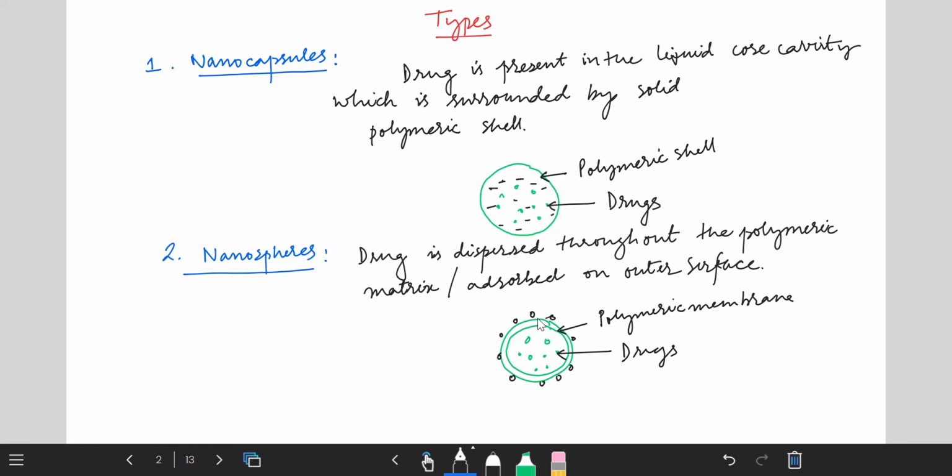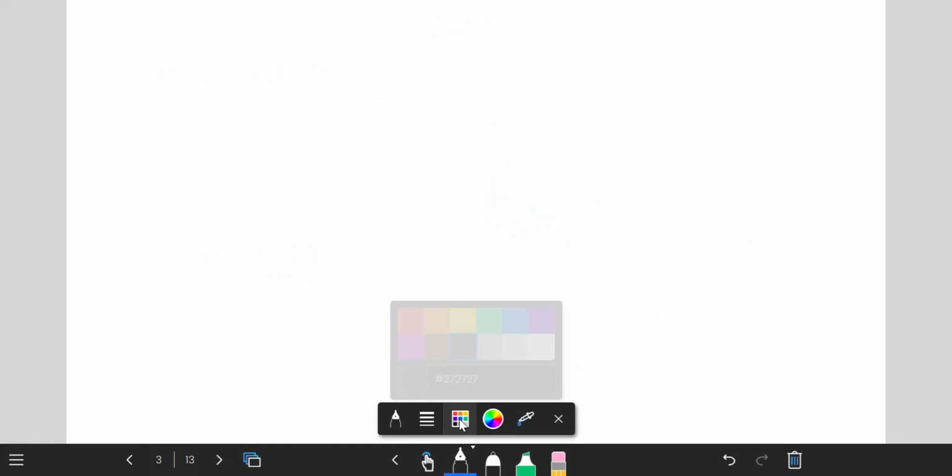Now, which type of polymers do we use for such a system? Polymers are of two types.